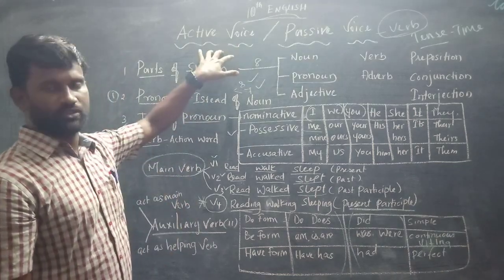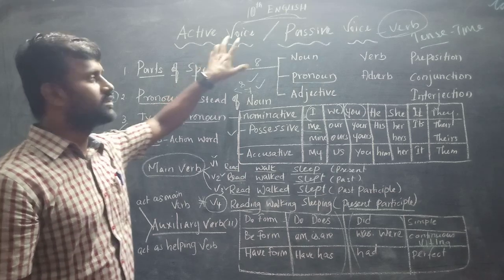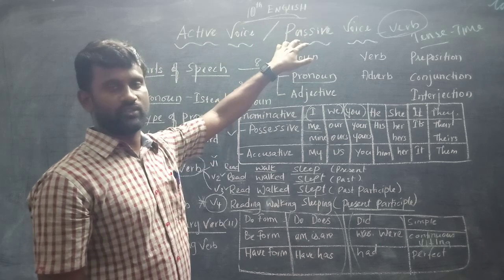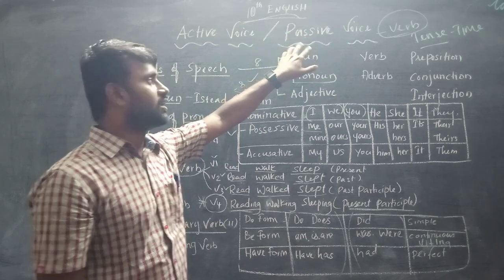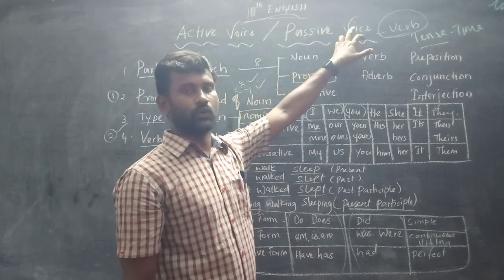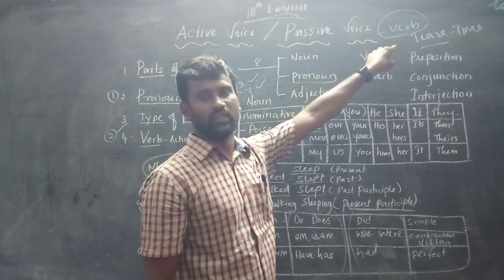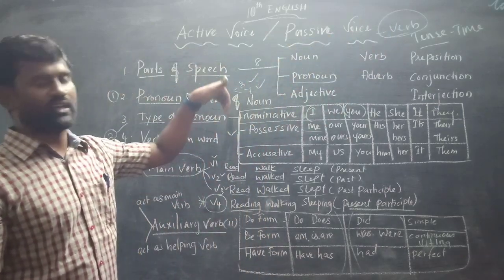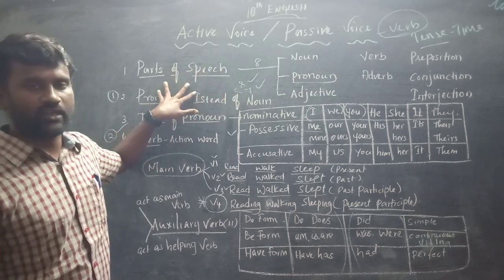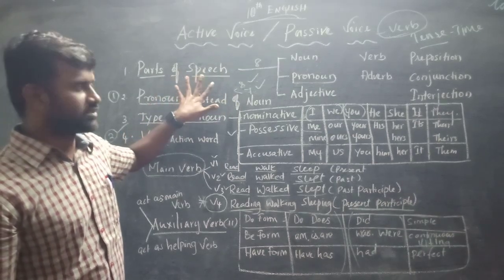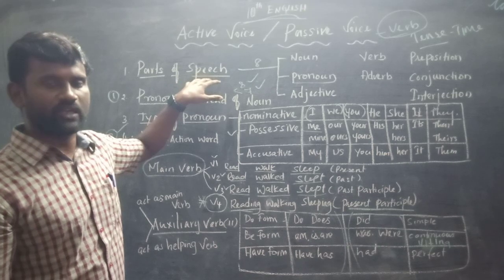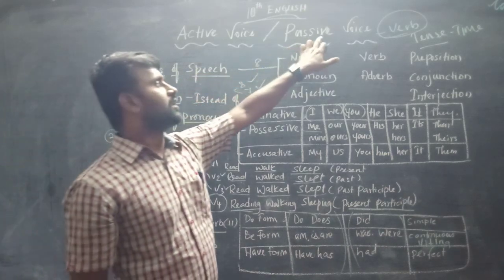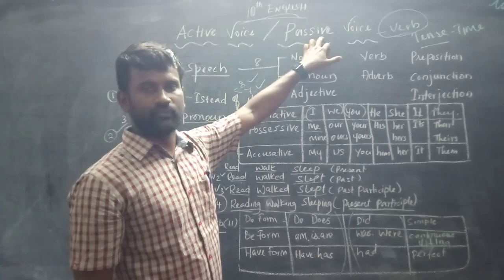Active voice is seyvinai, passive voice is seyappaatuvinai. We know active and passive, but we should be very thorough with voice. Voice is nothing but a verb, an action word. Before we enter into it, it is important that we know the parts of speech. From here only we are going to change some of the parts in order to arrive at a passive voice.